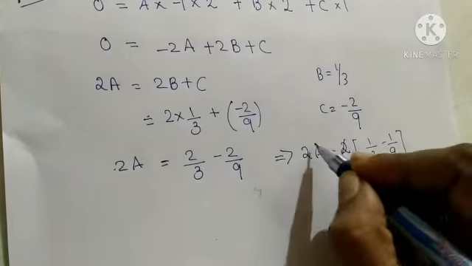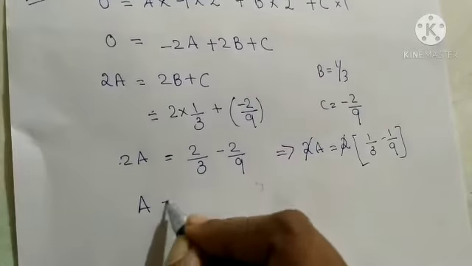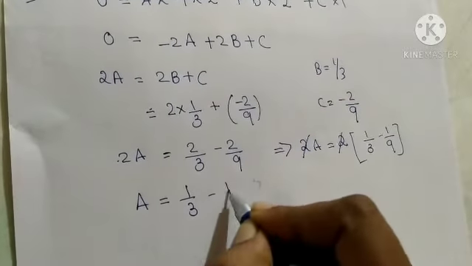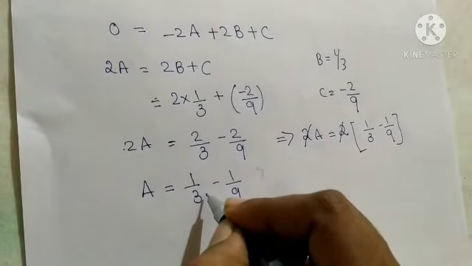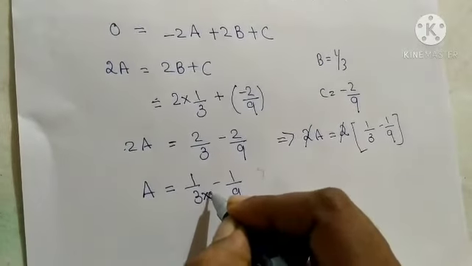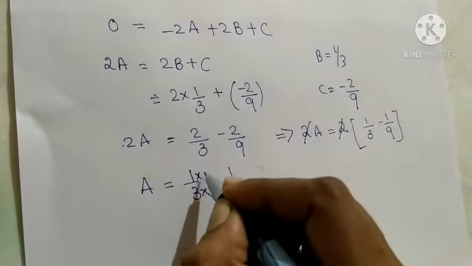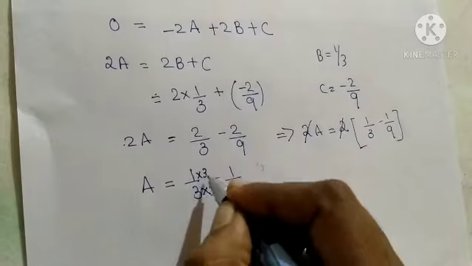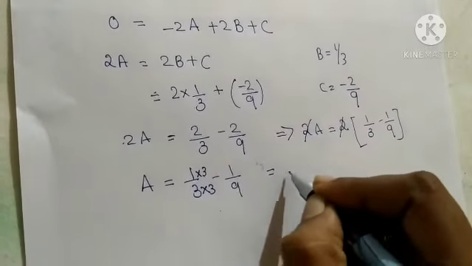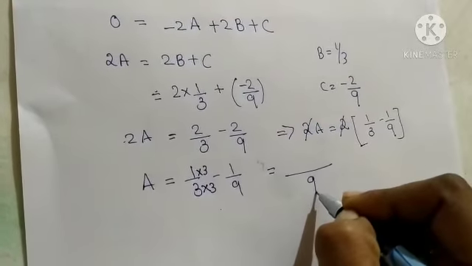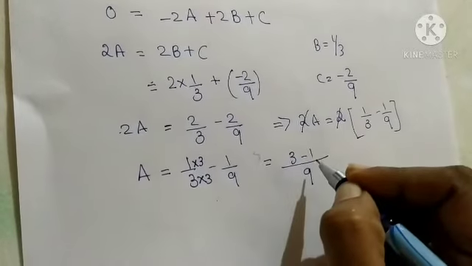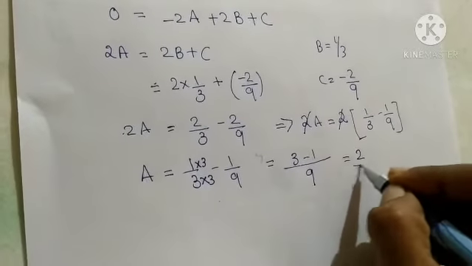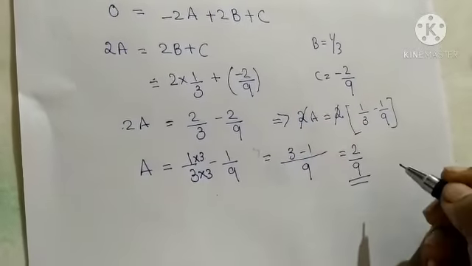So these 2 will cancel each other, and for a we get 1 by 3 minus 1 by 9. In order to make the denominator 9, multiply both numerator and denominator by 3. So the denominator is the same, and the numerator will become 3 minus 1. So here we get the value of a as 2 by 9.